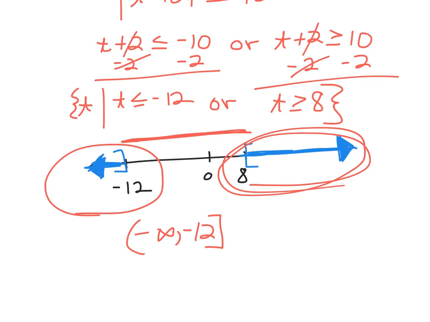Would it be 8 with a bracket and then positive infinity with a parenthesis? That's right. And then, Haley, you weren't here for this yesterday, but class, what did we say we do with the word or in interval notation? We need the little union sign between them. That makes sure that we get both of them.